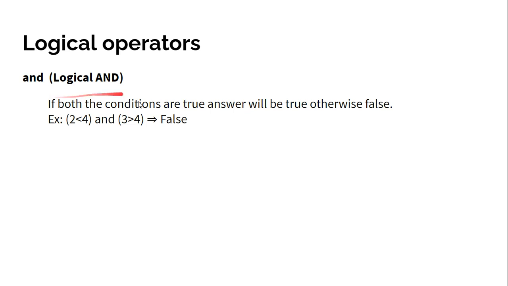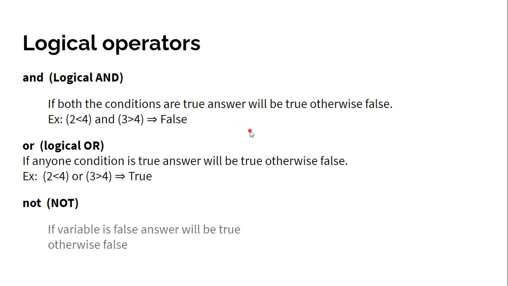Suppose I write 2 less than 4, the first condition is true. If I write 3 greater than 4, this condition is false. So the answer will be false. Just remember, if both conditions are true, the AND operator returns true, otherwise it returns false.